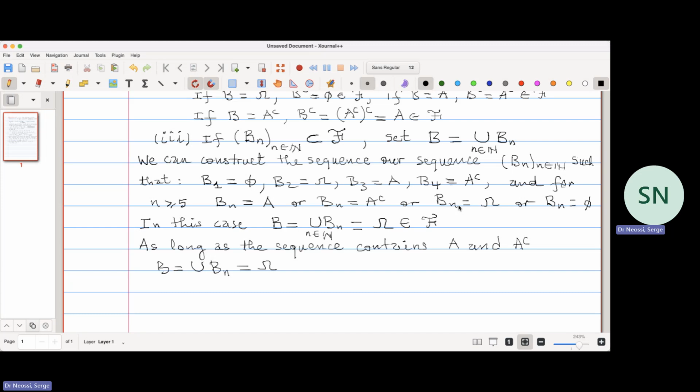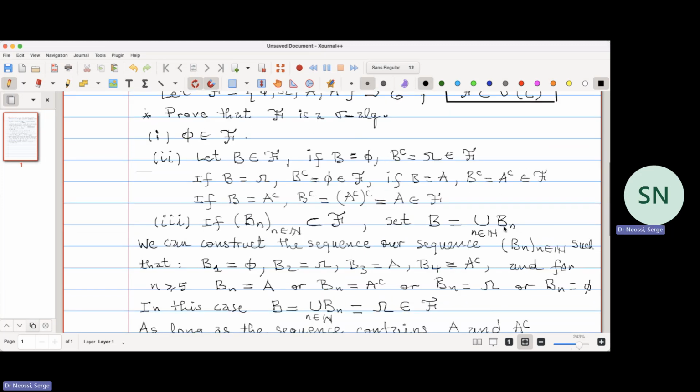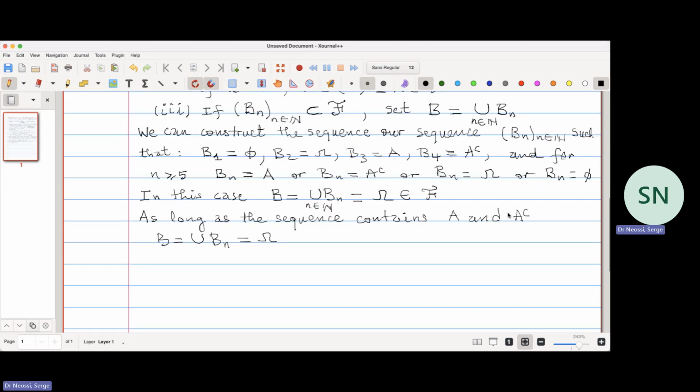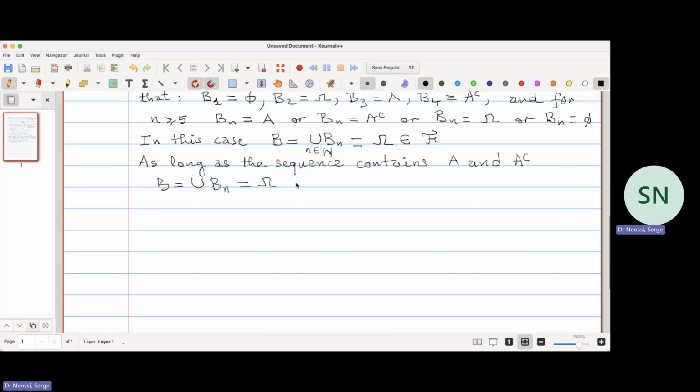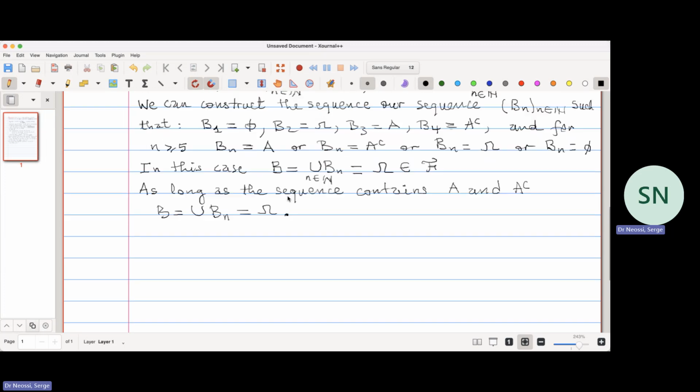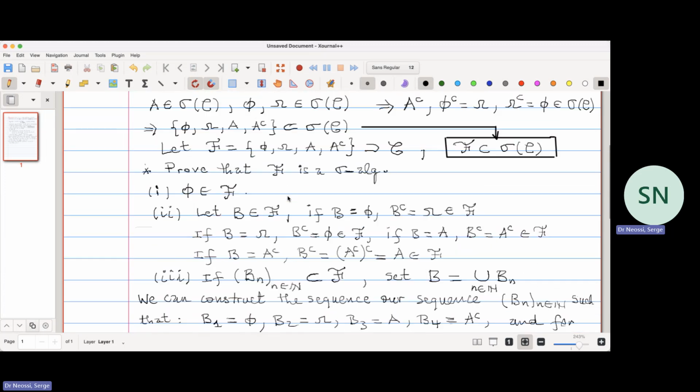If it's stationary, equal to A, it is still in F. So we can take many combinations of these various elements, and we will still end up with B being an element of calligraphic F. So this is just an illustration, and we can use a more elaborate approach to do the same proof. We can conclude here that F is a sigma algebra.